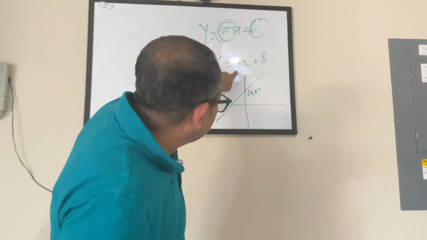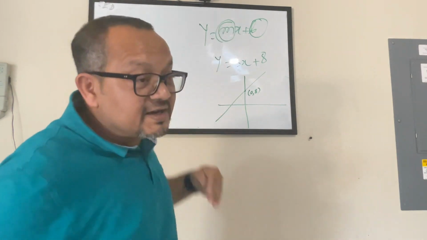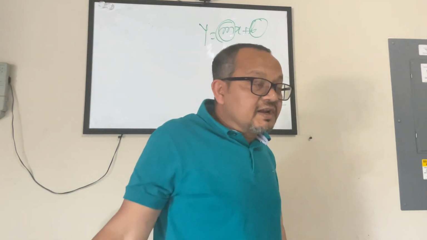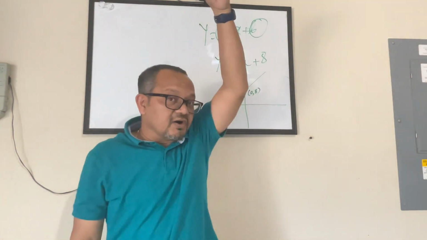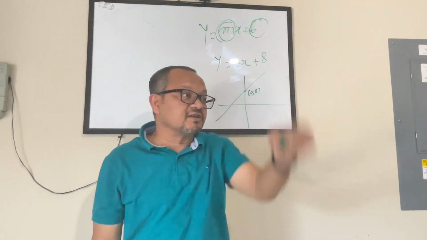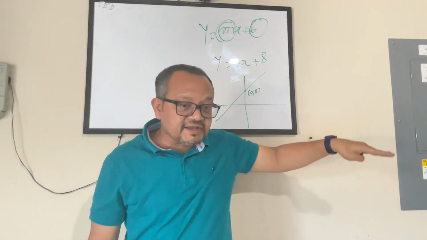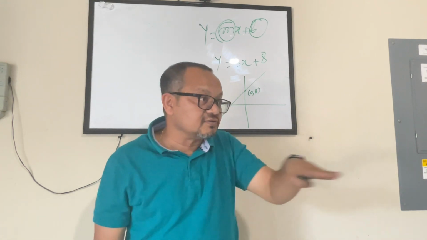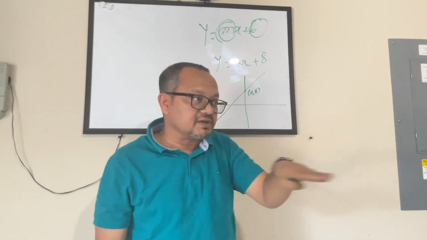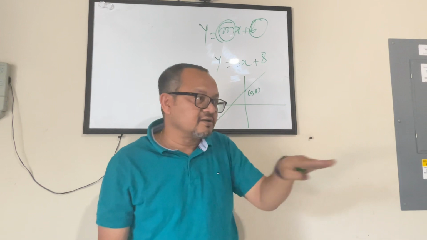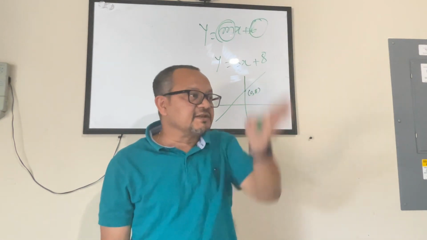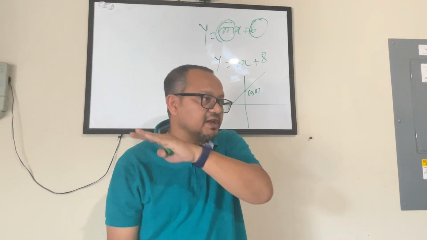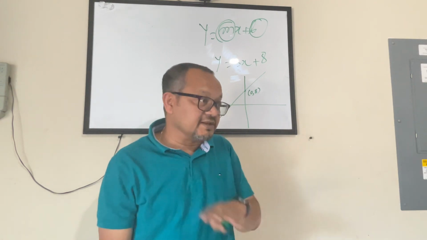So here in this equation, where it intercepts the y-axis, the value of x is always 0. On the x-axis the value of y is always 0. They are like enemies. They don't go together. If you are on the x-axis, y is 0. If you are on the y-axis, x is 0.